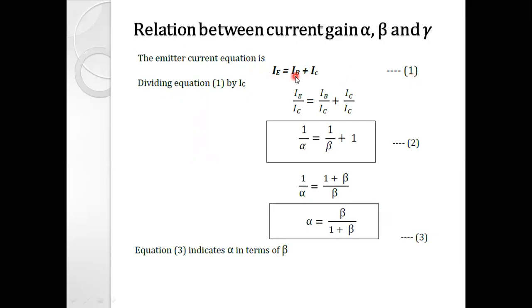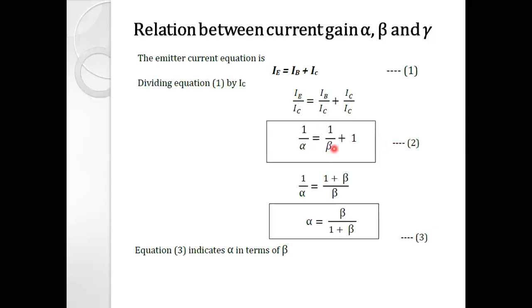When we divide this equation by IC, the collector current, on both sides, on the left hand side we have IE divided by IC, and on the right hand side we have IB by IC plus IC upon IC. But we know that the ratio of collector current to emitter current is alpha, so it is 1 upon alpha. We also know that the ratio of collector current to base current is beta, so beta is substituted, and the ratio of IC to IC is equal to 1. So we have equation number 2.